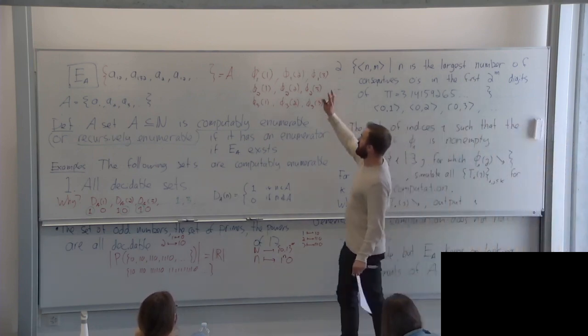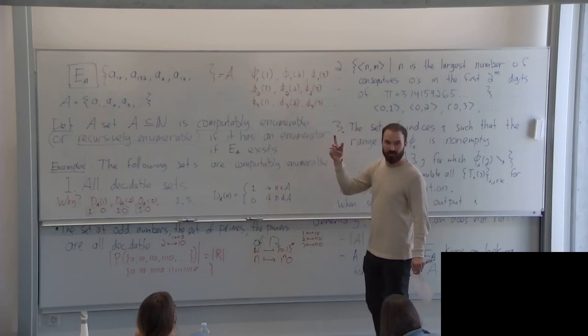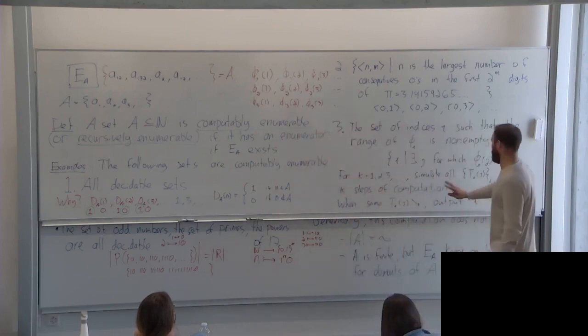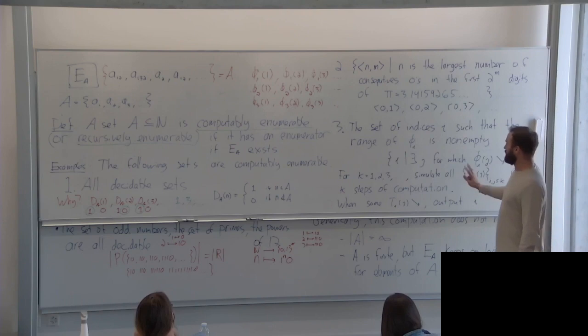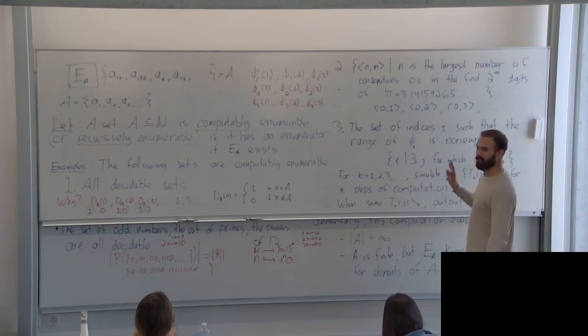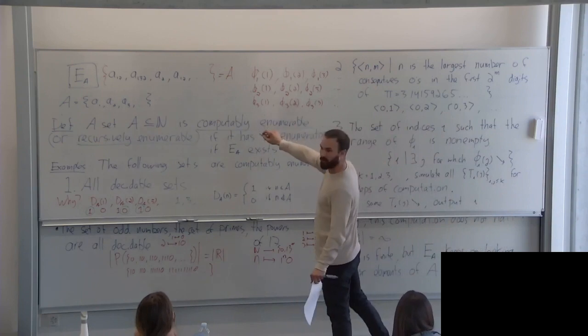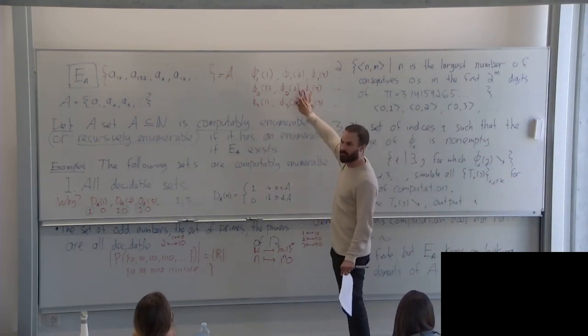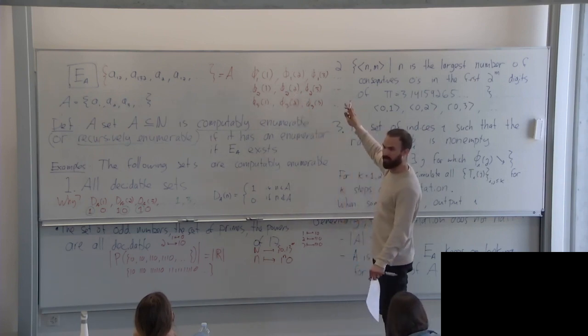This means simulate all those 9 computations, for how many steps? Just three steps of computation. Normally, Turing machines don't halt after 3 steps, so probably none of them has halted. Then I enlarge my matrix to 4 by 4 and simulate all 16 computations for 4 steps. Then I enlarge that to 5 by 5, all 25 computations for 5 steps.